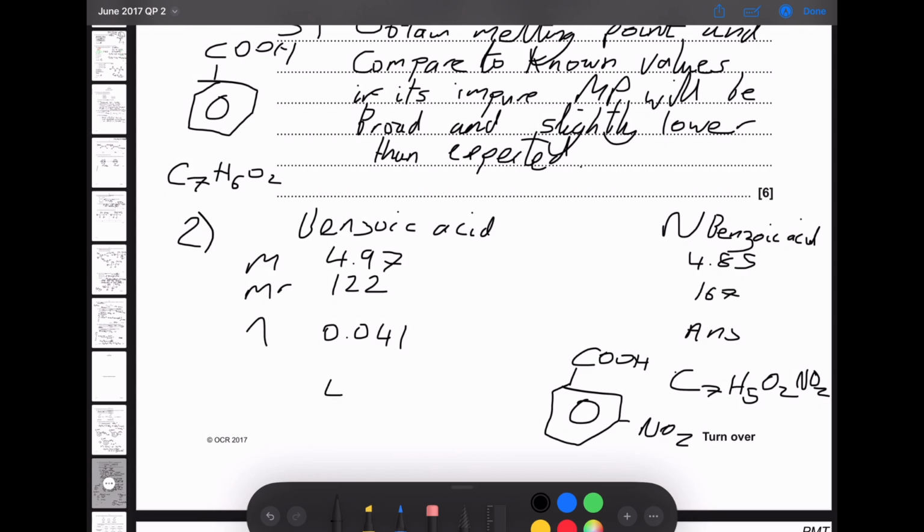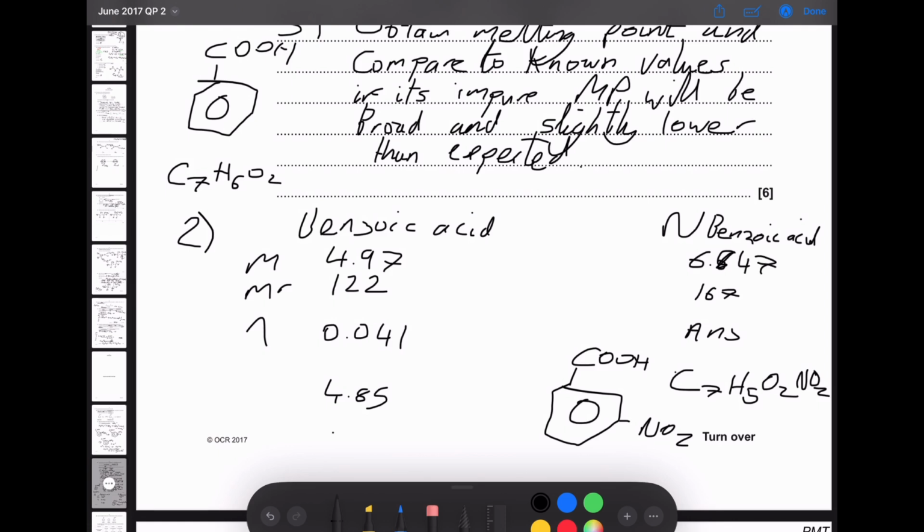So now we're doing 4.85 was our actual obtained, and then we want to do answer times 167. So 0.041 times 167 gives us 6.847. So we were expected to make 6.8 grams, and we only made 4.85.